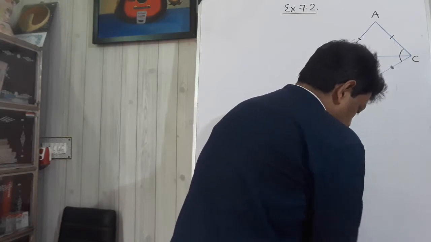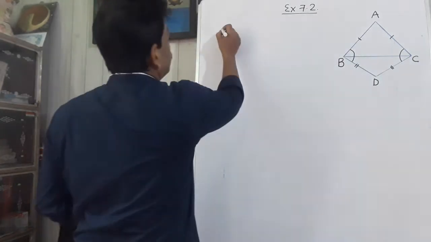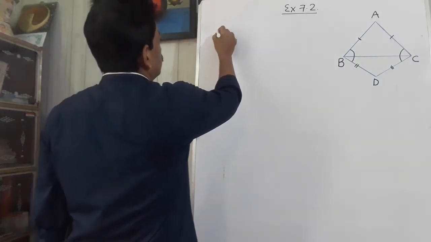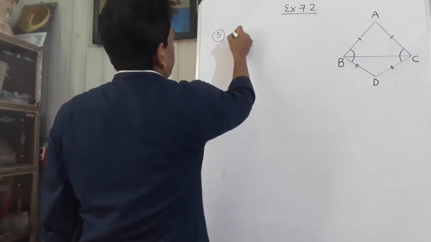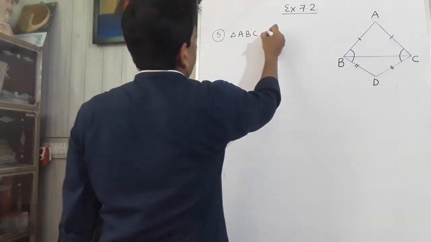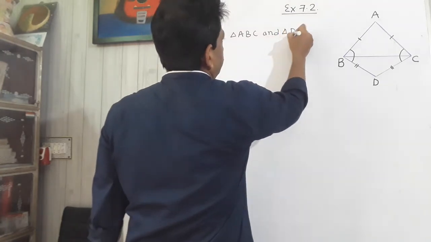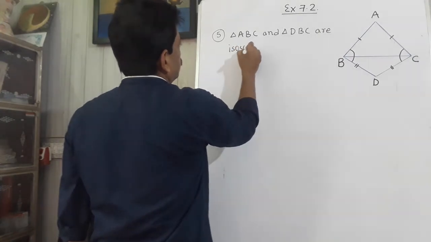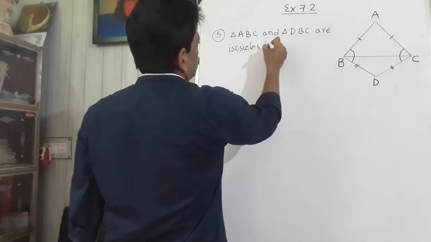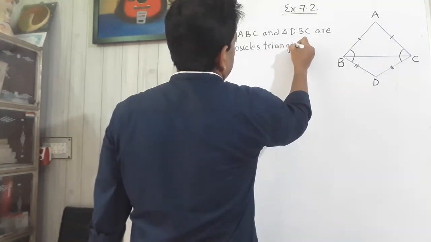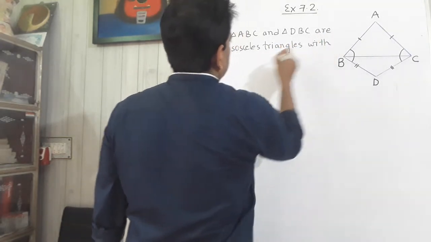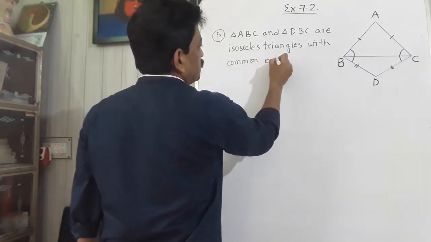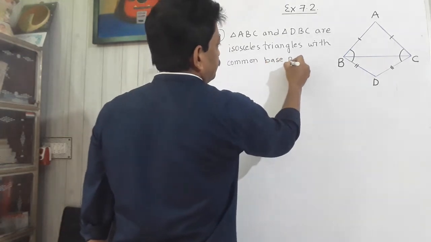So first of all, let me write down the question. This is question number 5 from the same exercise 7.2. Triangle ABC and triangle DBC are isosceles triangles with common base BC.